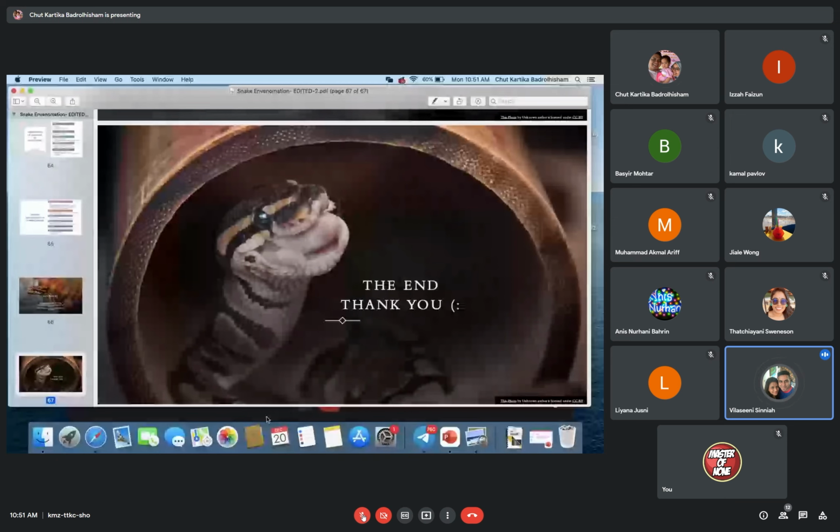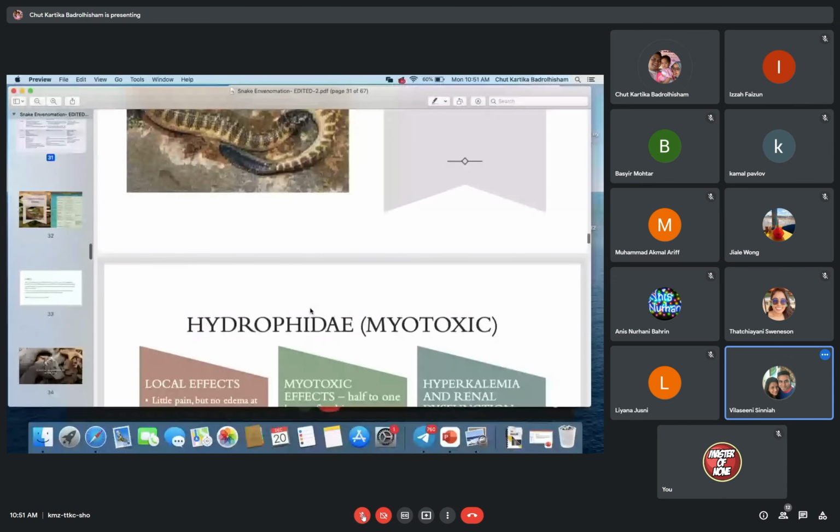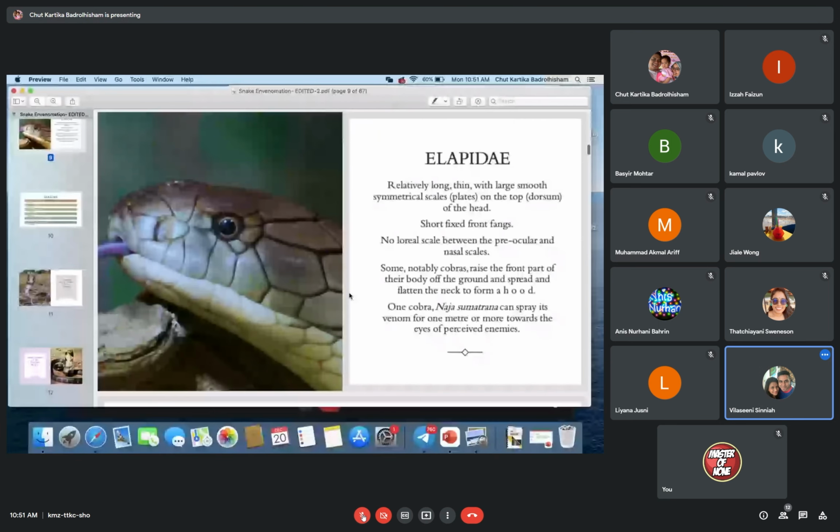Okay, very good. One more question. In Elapidae, should I describe how to identify, right? There's one important identification which I'm missing, which is your monocled cobra. The appearance of the dark circle at the head of the Elapidae. Do you have the picture, Chut? Elapidae, I'm sorry. Do you have a picture of the back?